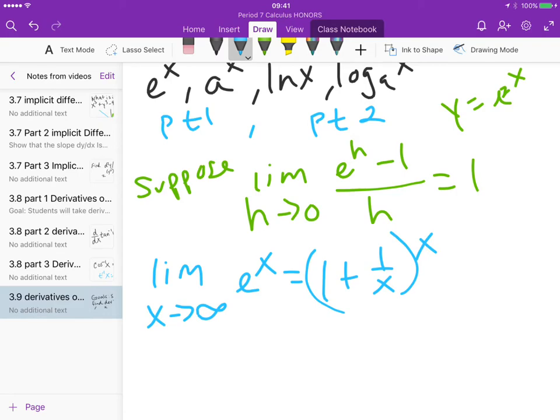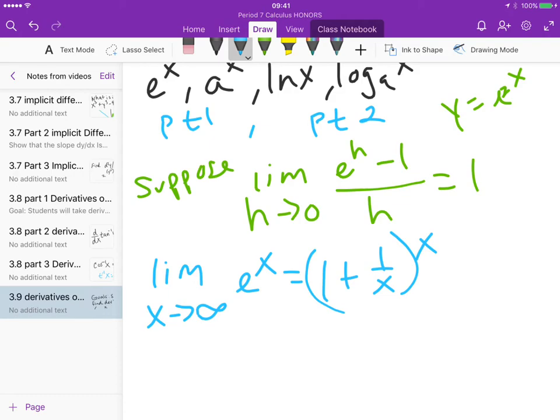No, but it's important to know, so I'm going to geek out on you a little bit here. Just bear with me as to where I'm going with this. The function e to the x is an extremely important function, and what's about to happen is probably the most important part.